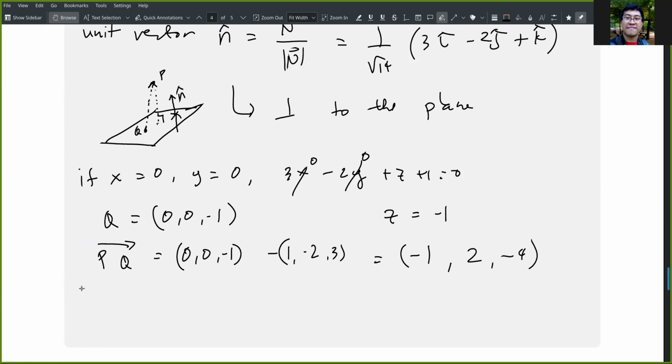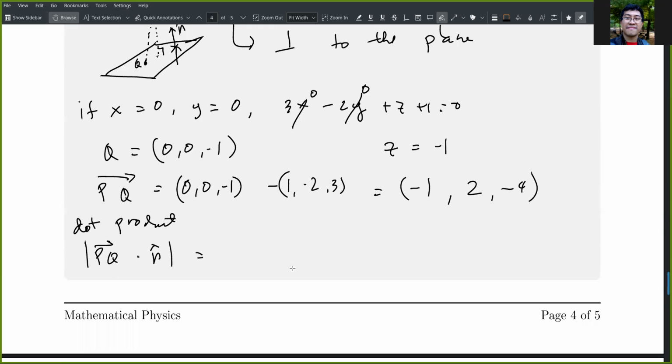So if we take the dot product, which is the distance, PQ dot n, and to make sure that we are getting the distance, we take the magnitude, not only magnitude but the absolute value.